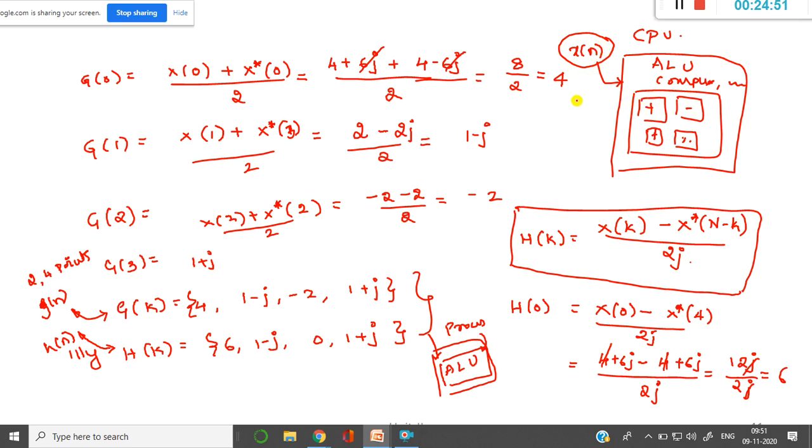If there are too many sequences of the same point size, I can club those together so that I can make my computation efficient by using this particular technique. Is this clear or any doubts here?